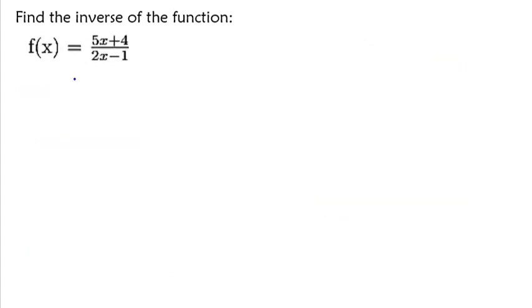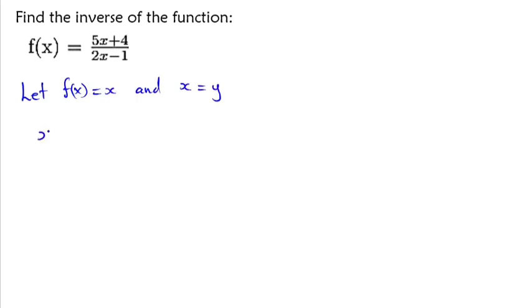So to find the inverse of this function, what we're going to do is we're going to say let f of x be equal to x, and let's replace that x with y. So once we do that, our function will look like this.